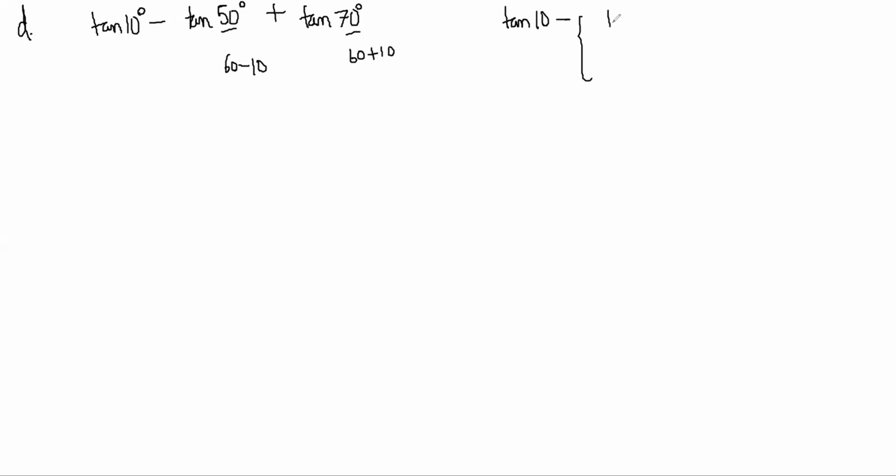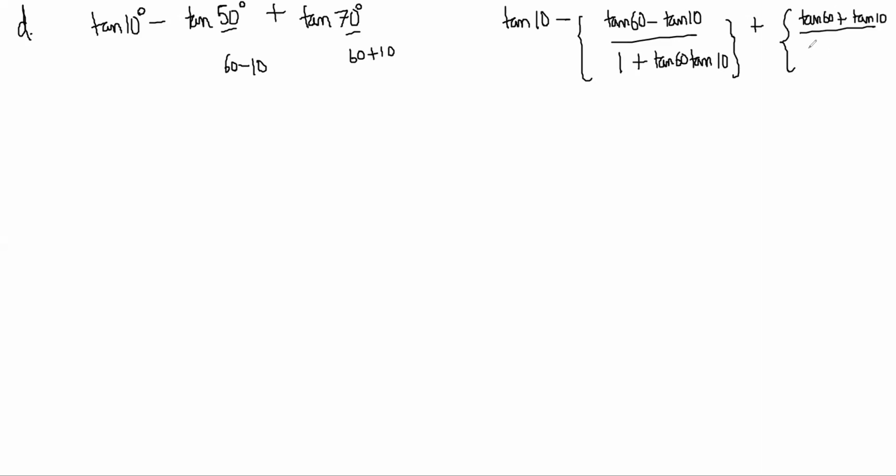We can write it as tan 60 minus tan 10 by 1 plus tan 60 tan 10, plus tan 60 plus tan 10 by 1 minus tan 60 tan 10, right?